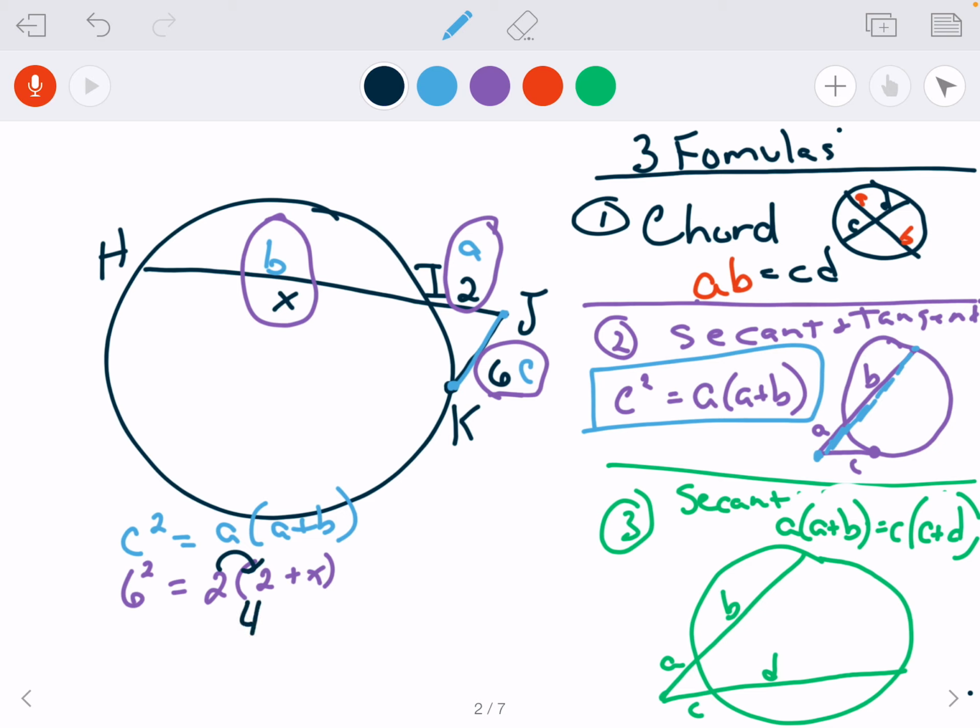So I have 4 plus 2X if I distribute that 2 to both. And I have 36 on the other side. Now I'm solving for X, so I'm going to subtract 4 from both sides. So I get 32 equals 2X. Then divide by 2. So I get 16 equals X.